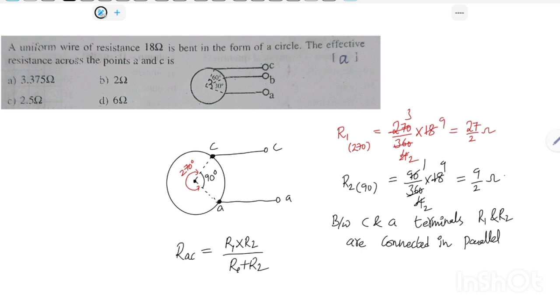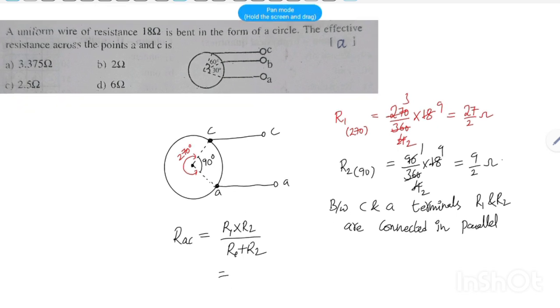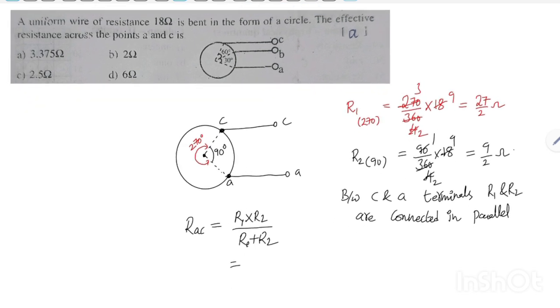Okay. Now what is R1? R1 is 27 by 2. So 27 by 2 into R2, which is 9 by 2, by R1 plus R2.